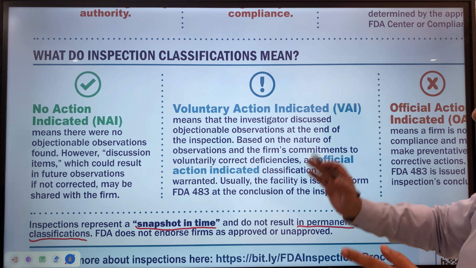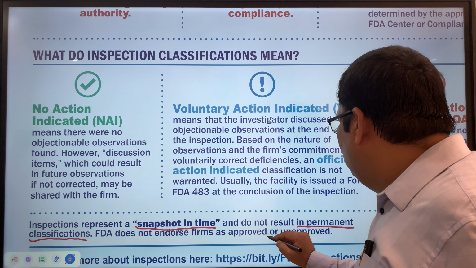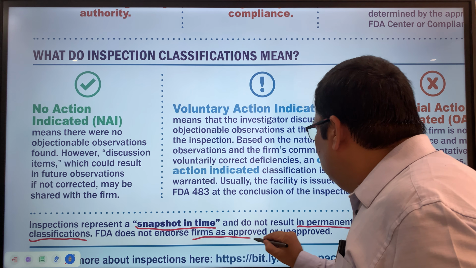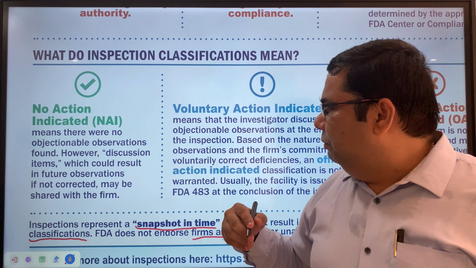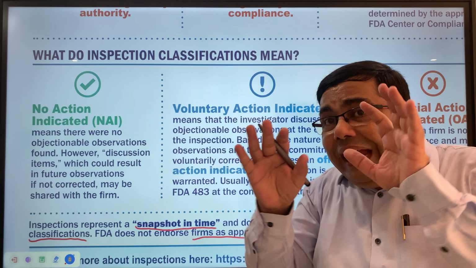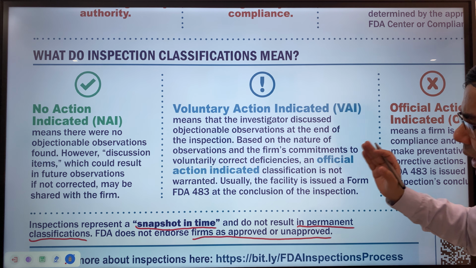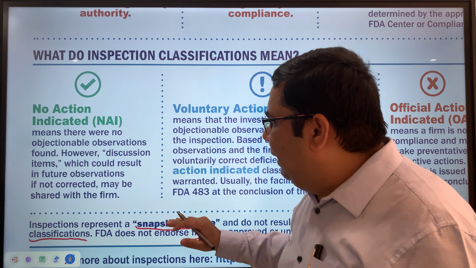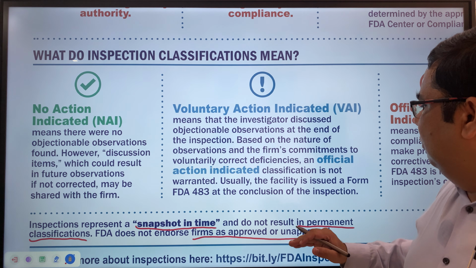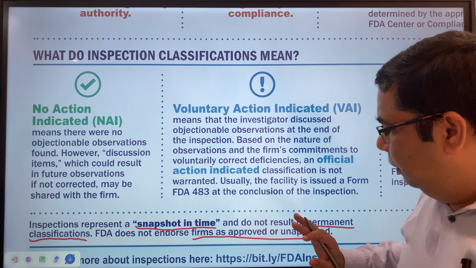It is not a permanent thing, right? FDA does not endorse firms as approved or unapproved. So basically FDA does not endorse any firm as approved or unapproved. FDA only categorizes NAI, VAI or OAI, and because it is only a snapshot in time, FDA is not giving any permanent classifications. It is just a snapshot, right?